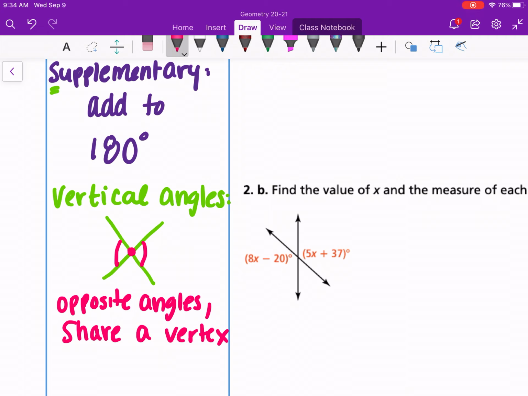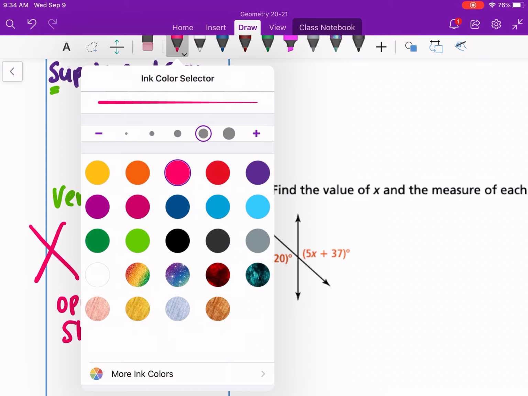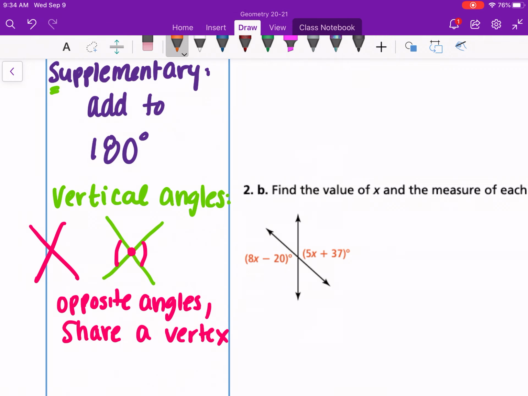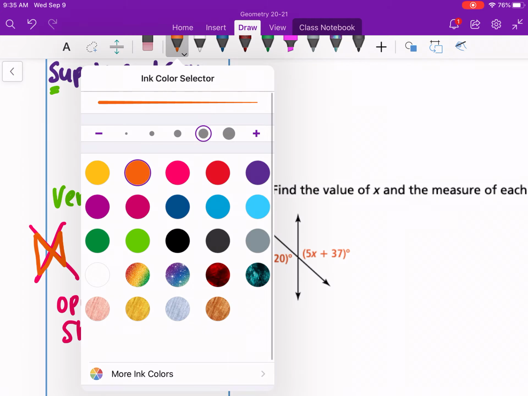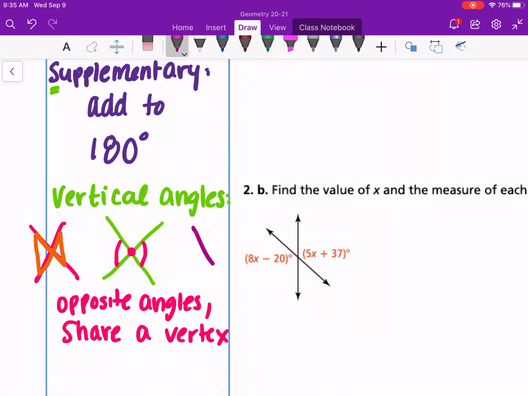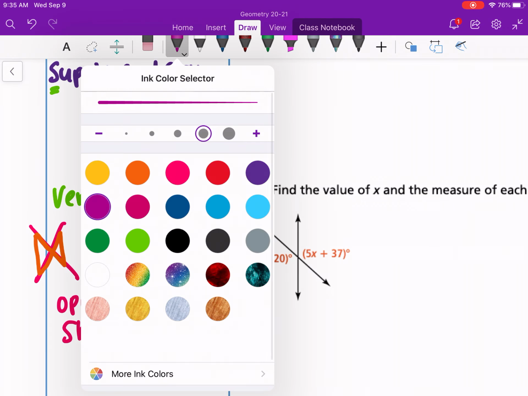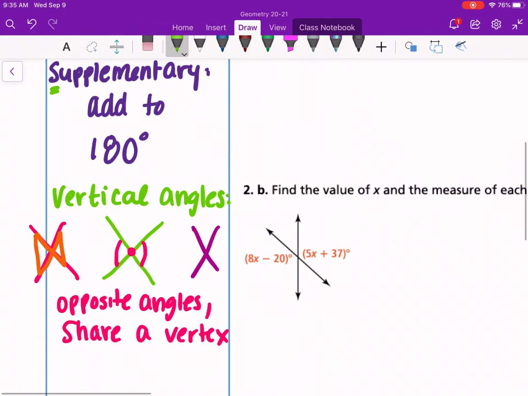So, vertical angles, I call them bow tie angles. Kind of helps me remember them because they make like the shape of a bow tie. The vertical angles, however, can be like this. And so in that case, they kind of look more like an hourglass, or they just kind of look like an upside down bow tie.